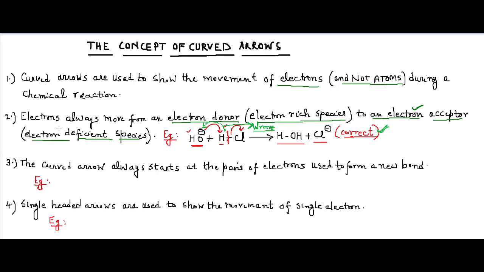We have to take care, while writing a reaction, which way our arrow is moving. Moving on to the third point, it says the curved arrow always starts at the pair of electrons used to form a new bond.